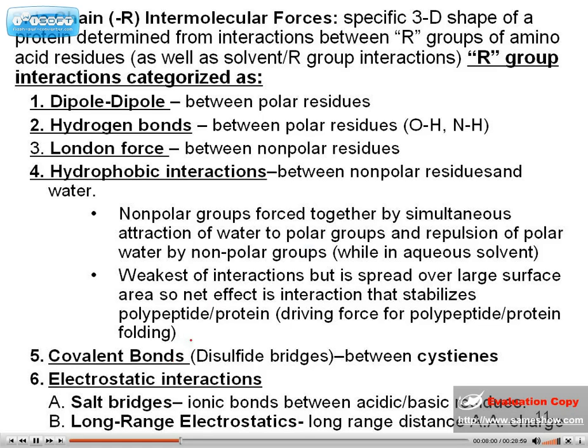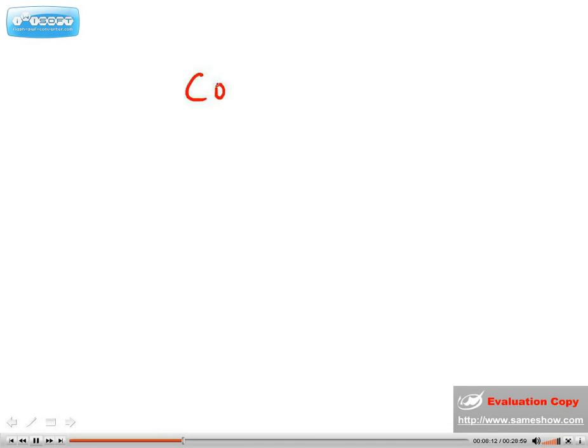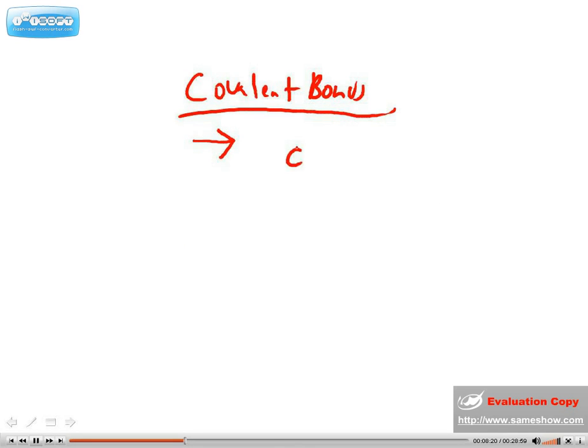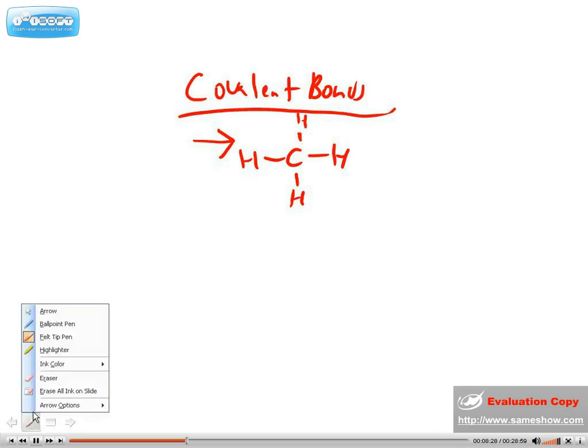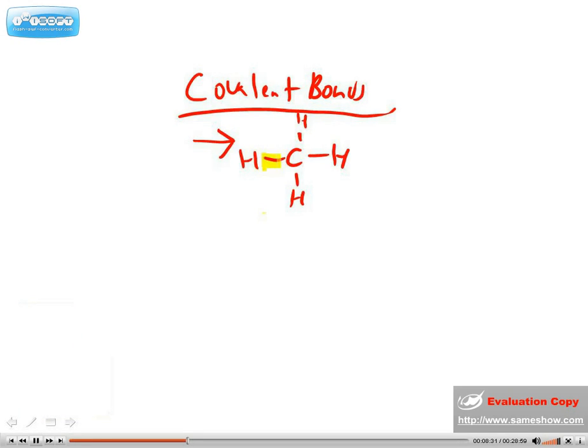So the next one has nothing to do with opposite charge attraction, and this is covalent bonds. We deal with covalent bonds all the time. So for example, this is methane, and this dash right here represents a covalent bond. This is when electrons are actually shared.